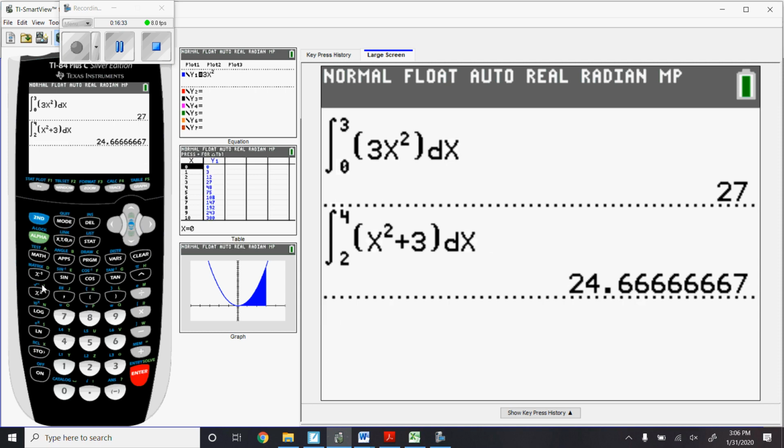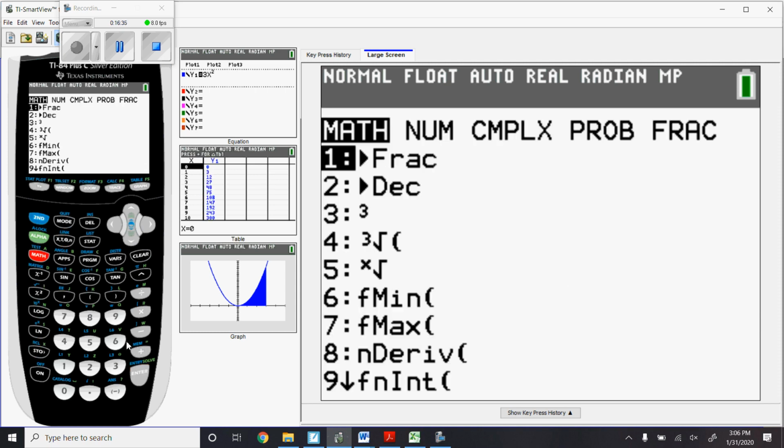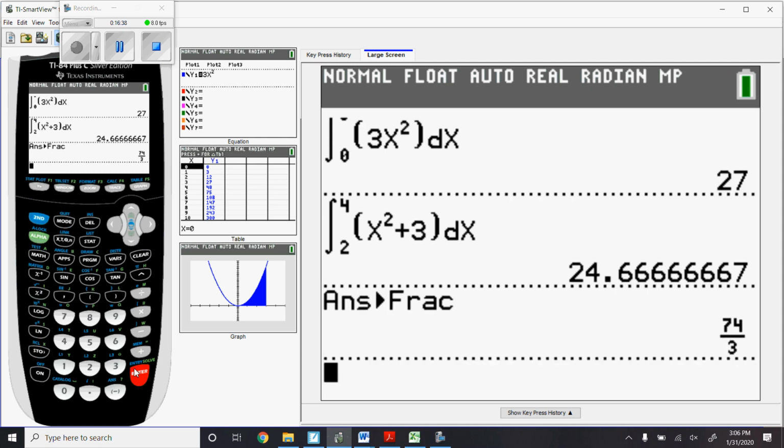I get that answer, and I can just change that to a fraction to make sure it's right. And I see 74 thirds. Again, you've got to be careful with your parentheses because a lot of people make mistakes, not conceptually here, but they make just simple algebra 1 mistakes by not grouping the right terms and doing order of operations correctly.